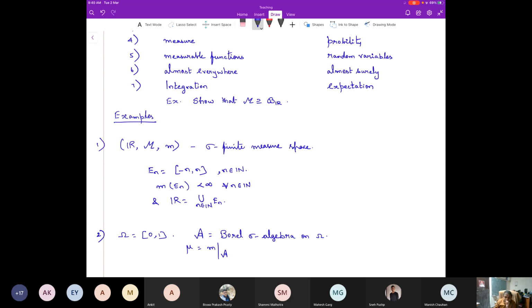This should not be difficult. In fact, why is it true? Because the Borel sigma algebra is generated by open intervals, and all open intervals are Lebesgue measurable.